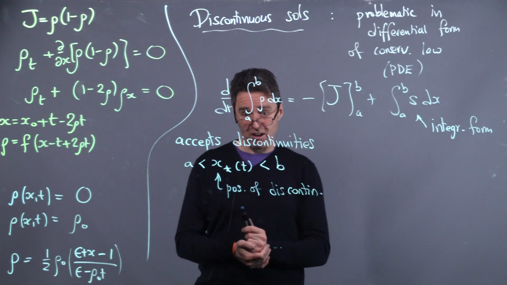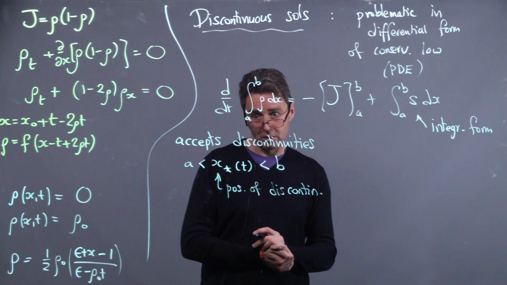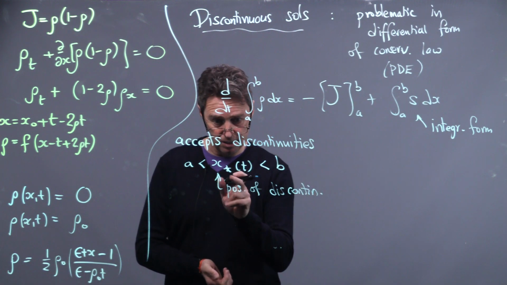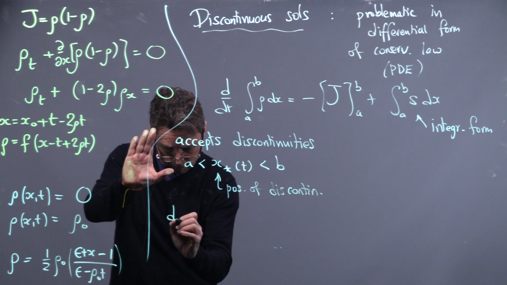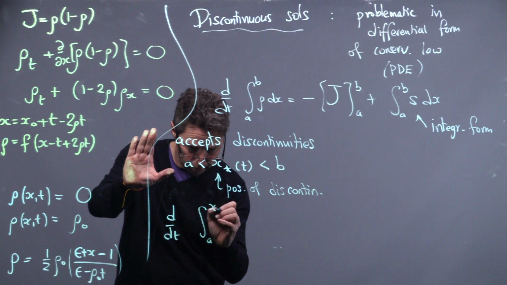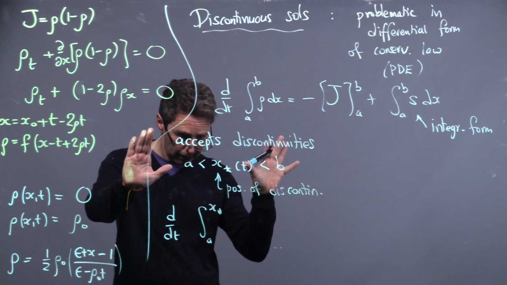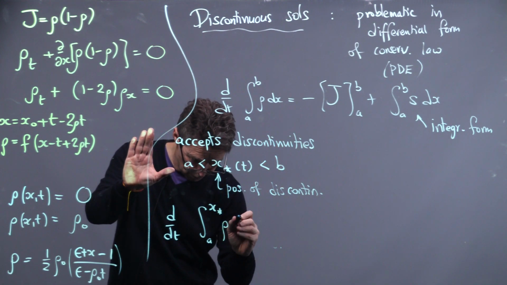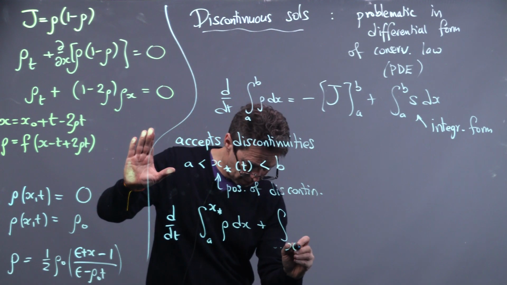It might shift around, so let's let it be a function of time. Okay, so there it is. There's the discontinuity. It might move. So let's just rewrite this a little bit. Let's split the integral up into two pieces, and within each piece, everything remains continuous. The integrand is continuous. Right, so I'm isolating the jump.